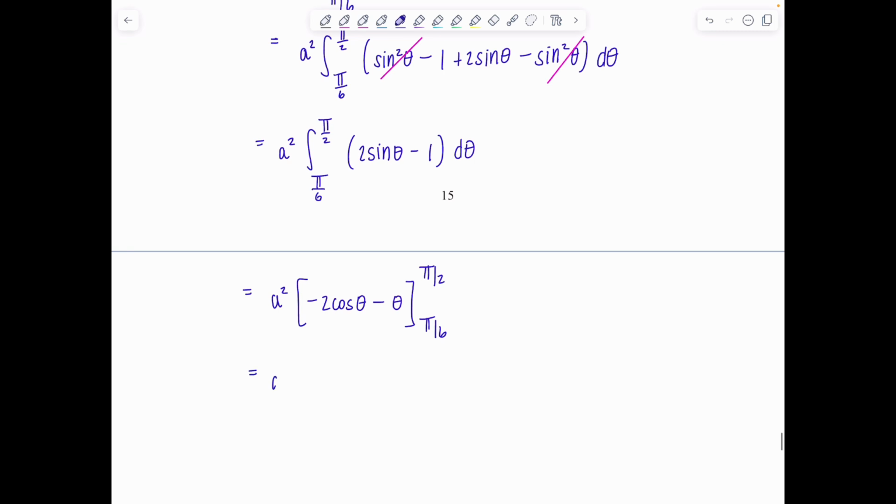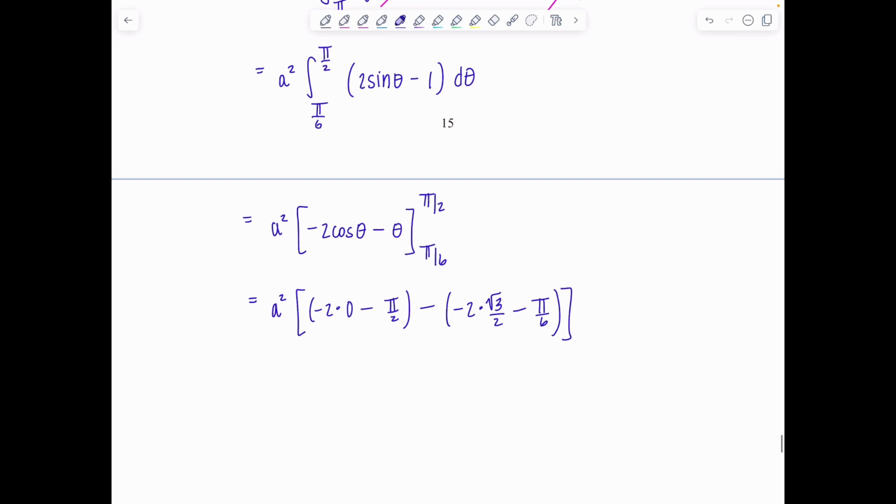Okay, so this is a squared times negative 2 times cosine of pi over 2 is 0, minus pi over 2, minus lower limit, negative 2 times cosine of pi over 6, that's rad 3 over 2, minus pi over 6. Okay, what has happened to us? So we've got a squared times negative pi over 2 plus rad 3 plus pi over 6.